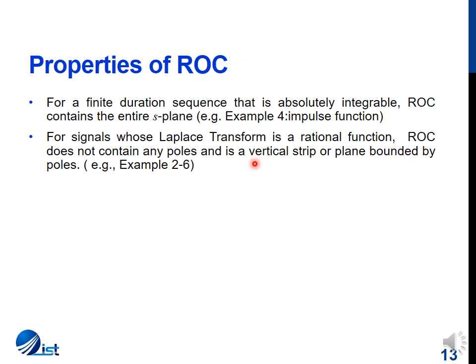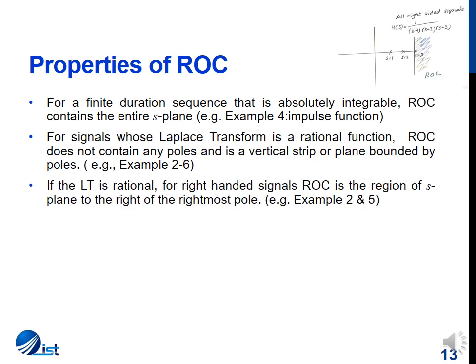So that means it is either a vertical strip in case of it being between two poles, or a plane, which means that it will be a region from a certain pole to plus infinity or minus infinity. Why is it a vertical strip?